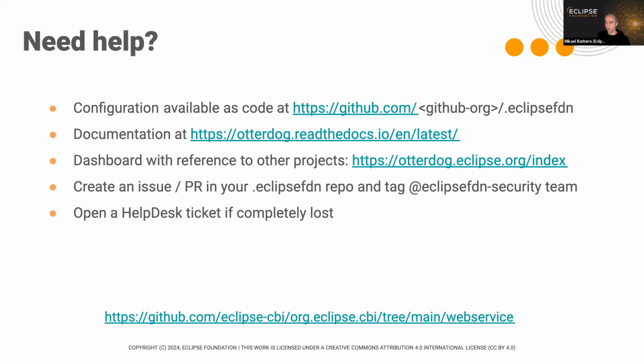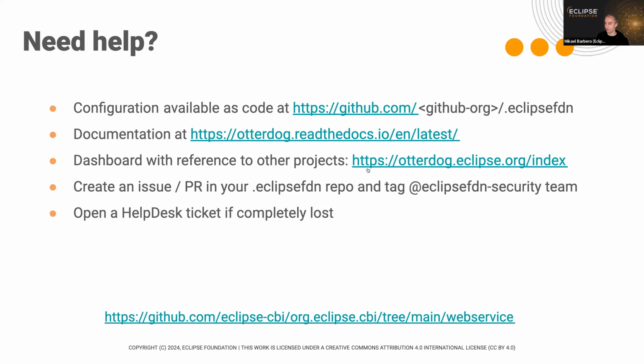So if you need some help, once it is enabled, you can go to your .eclipsefdn repository in your GitHub organization, and you can see all the configuration there. We also publish documentation at the second link, so you have all the documentation for the settings and what you can configure in the configuration file.